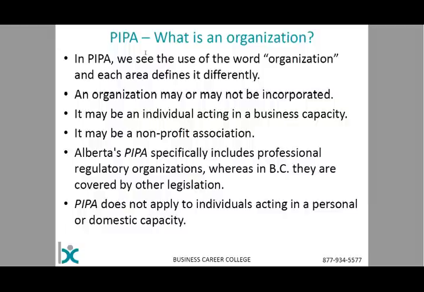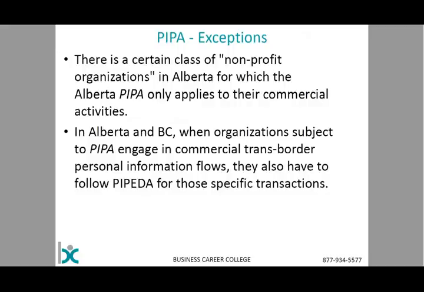Now, as I said, there are some exceptions to these principles. Like I said, there's an exception in Alberta around nonprofit organizations, and there's exceptions around professional regulatory organizations. So next, we're going to take a moment to look at those specific exceptions. Under PIPA, there are really two broad exceptions that we're going to look at.